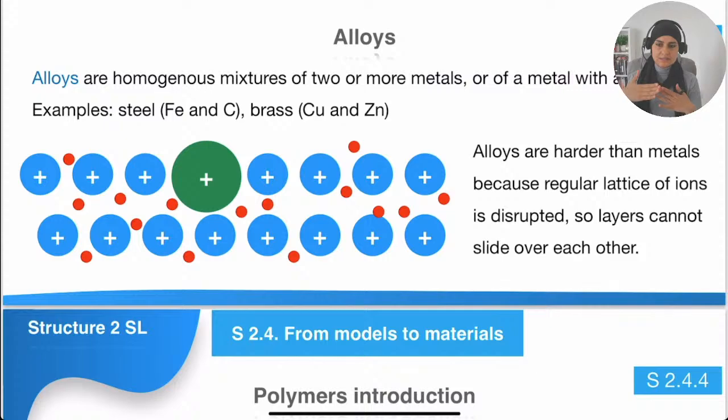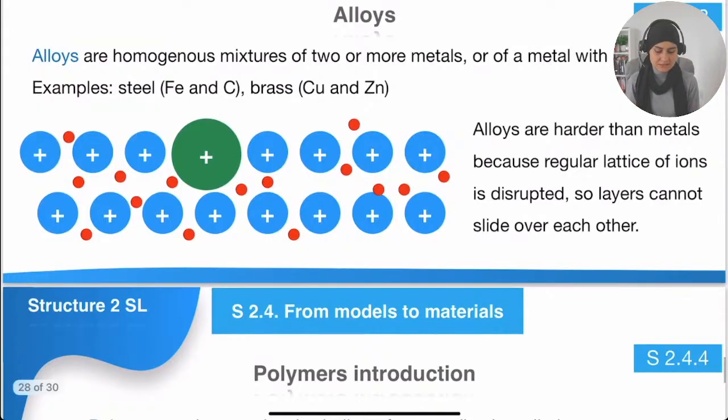No sliding means the substance isn't malleable. So addition of foreign atoms makes the metal stronger. Sometimes you don't need malleability, sometimes you want the metal to be strong. That's it. This is a mark scheme answer for why alloys are harder than metals.